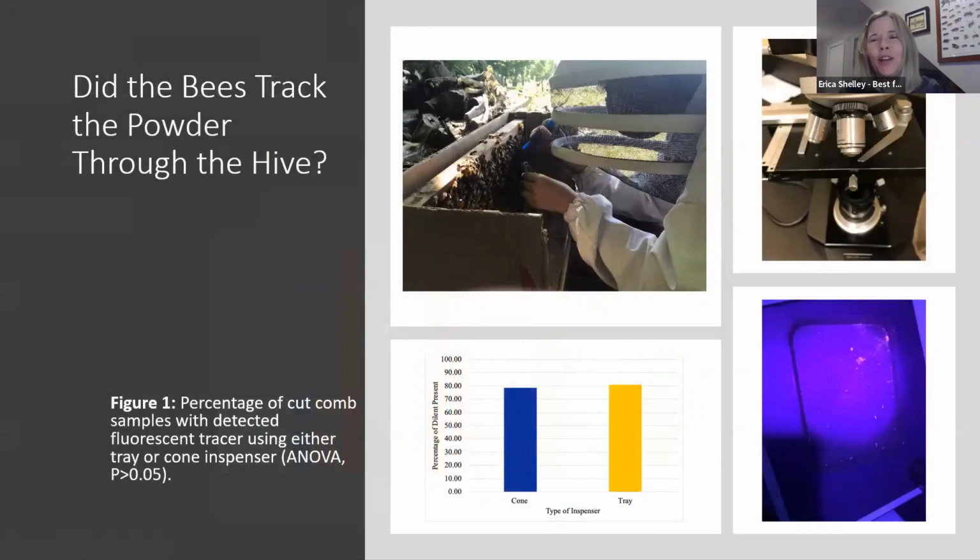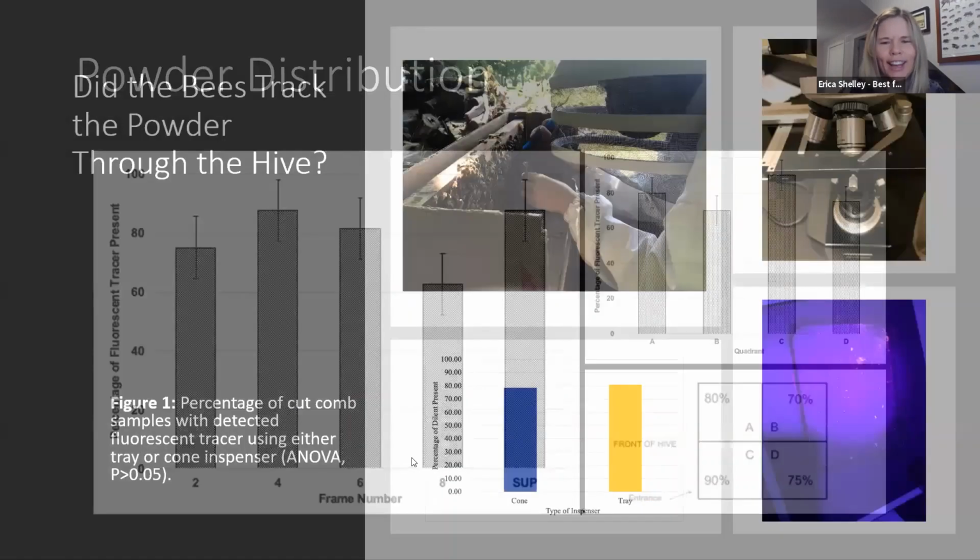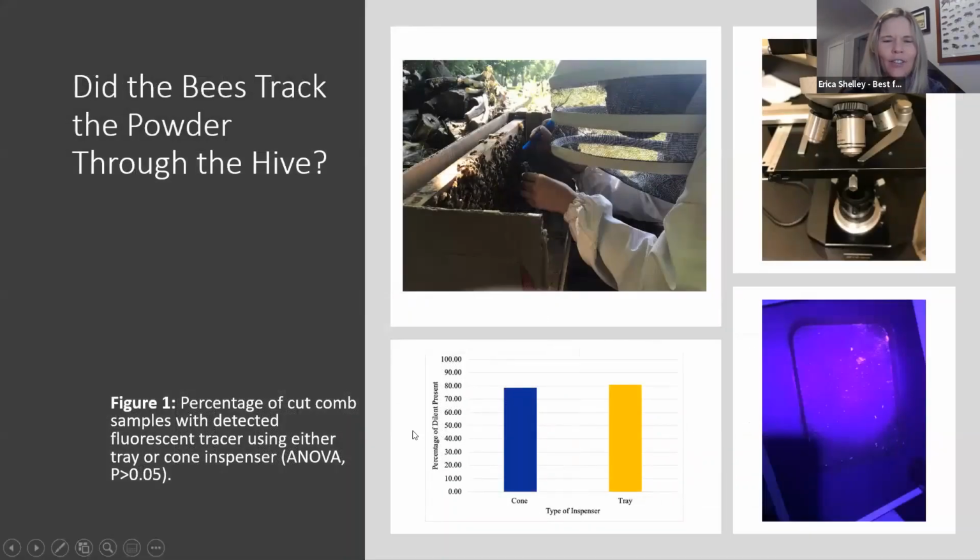And so now we were able to look at whether the bees were tracking the powder through the hive. And as I mentioned, we would take those three cells, suspend them. We did different quadrants. We did alternating frames. We would check the supers, and then we would look for the fluorescent particles under a microscope. And what we found is that 80% of our cells would have some fluorescent powder present.